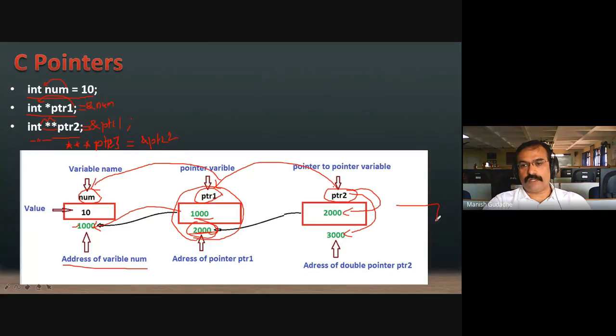There will be another variable declared by the name ptr3, which is at location, let us say 4000, and will hold the address of ptr2. What is the address of ptr2? 3000.